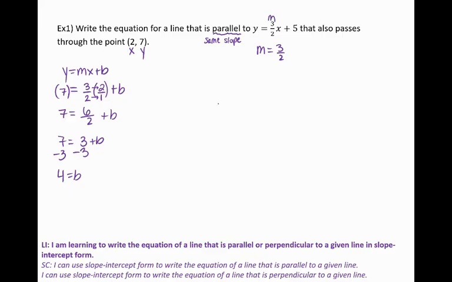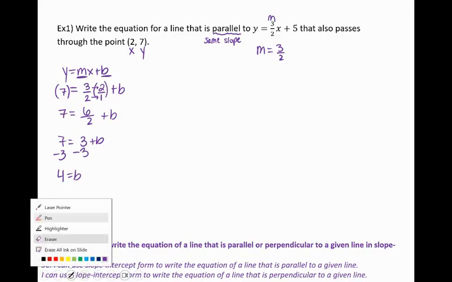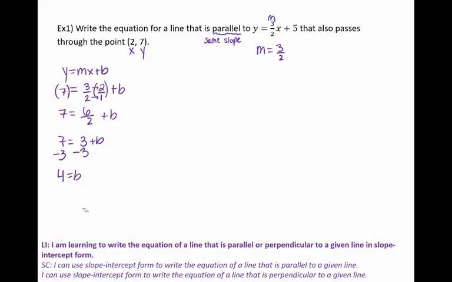When we write our equation in slope-intercept form, the key is to fill in the m and the b, and I'm going to highlight those in a slightly different color. We want to fill in the slope and we want to fill in the y-intercept. So I would say y equals my slope, 3 over 2, then x, and then my y-intercept for my new equation would be 4.